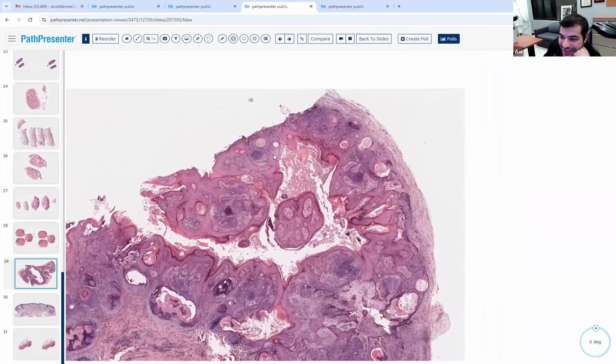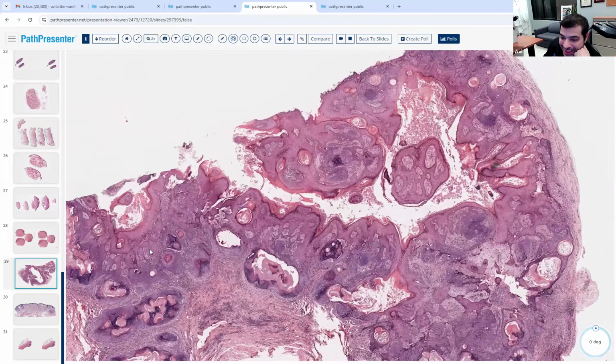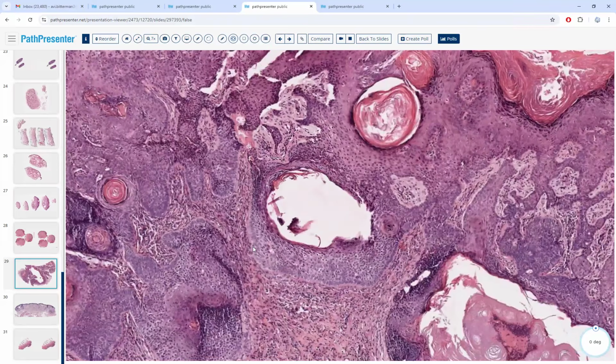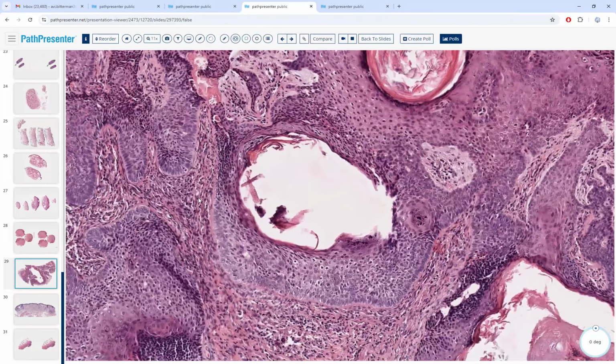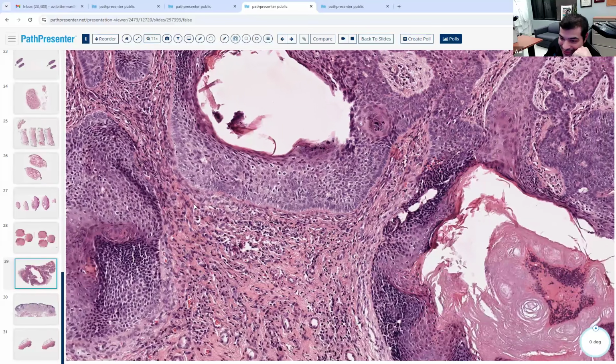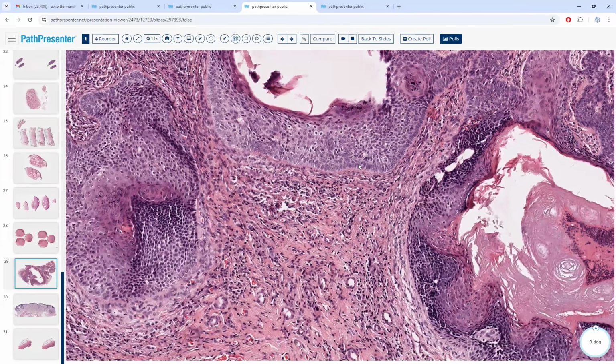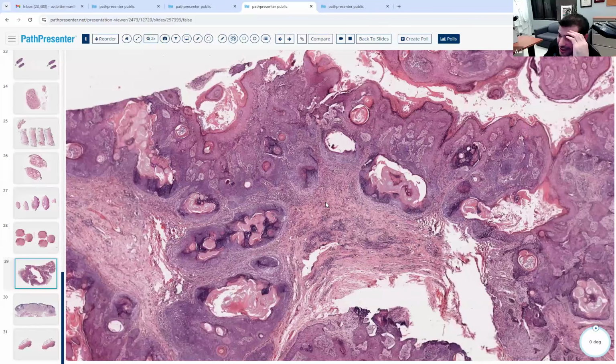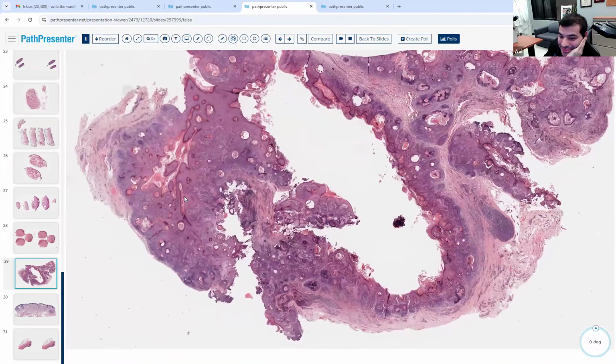What's that palisading? Outer root sheath. So you are basically naming differentiation toward all the different structures of the hair in one big tumor.